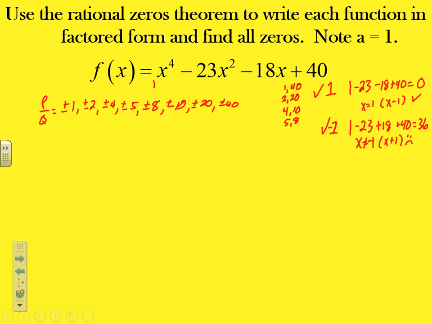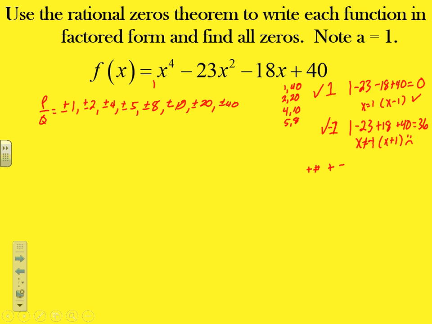Okay. Now, again, off to the side here, I'm going to use Descartes' rule to see what types of numbers I should have. We know we have one positive number. Is that the only positive number that we need? If I substitute a positive number into the function, a positive number raised to the fourth power is positive. A positive number raised to the second power is positive, but multiplied by negative 23 would be negative.